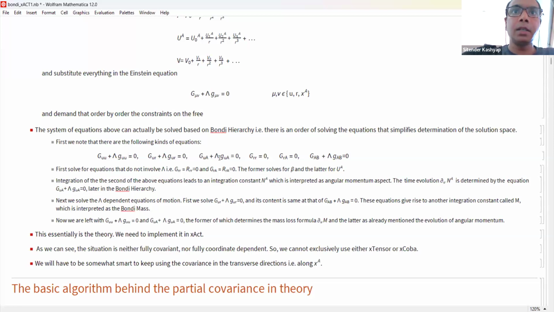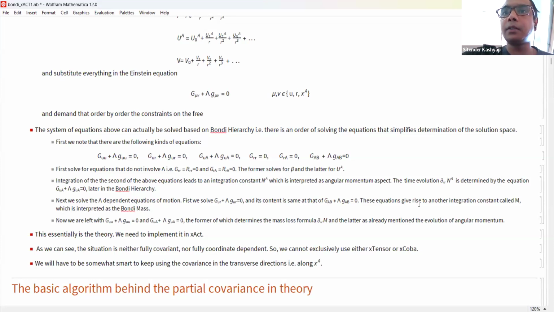Having gotten the contents from the equations that do not involve the cosmological term, we solve for the lambda dependent equations of motion. First we solve for GUR equal to 0, and its contents are the same as GAB, as Amitabh has already mentioned in his lecture.